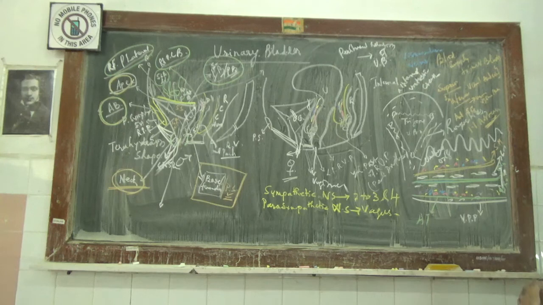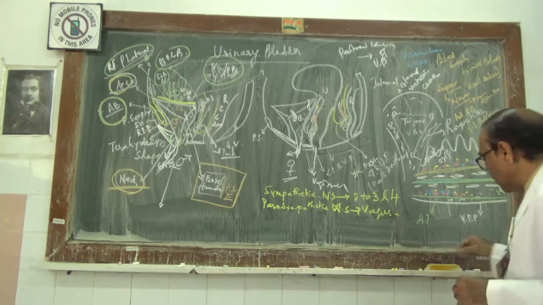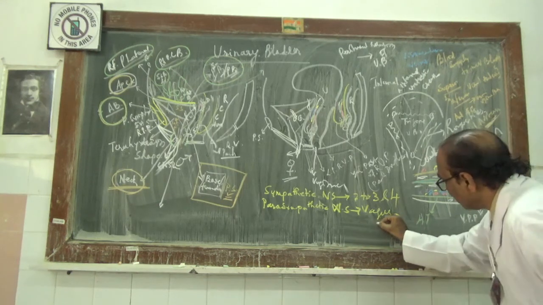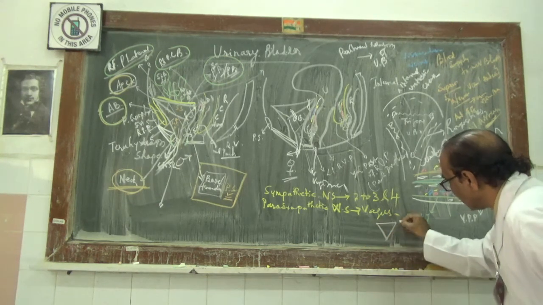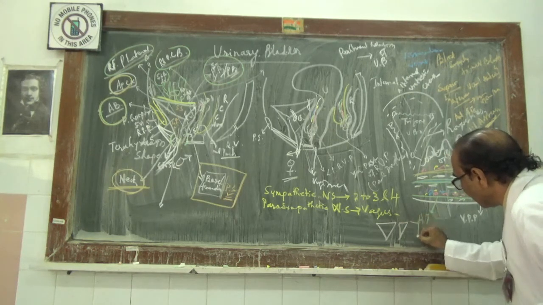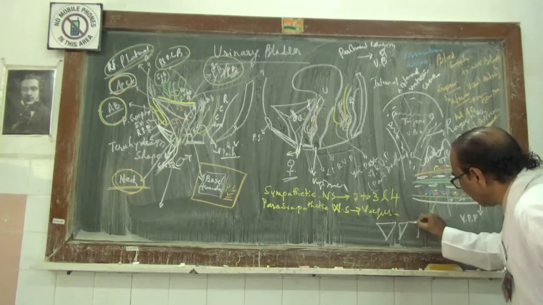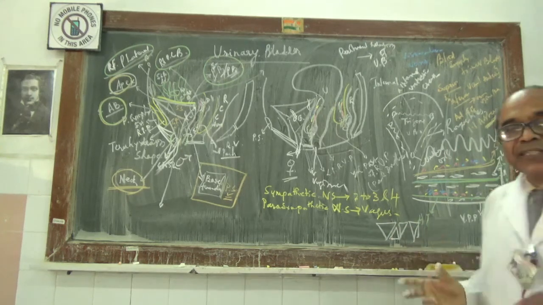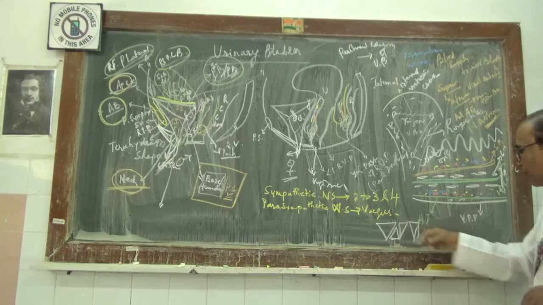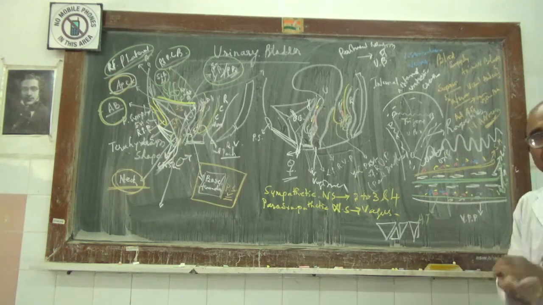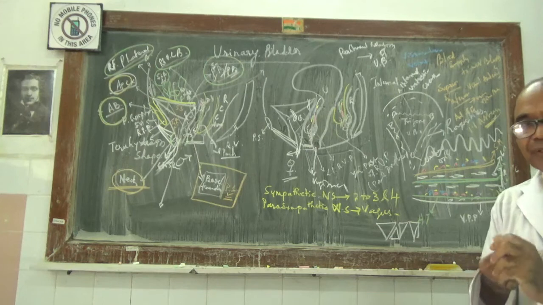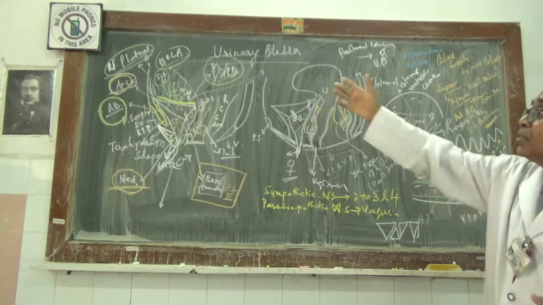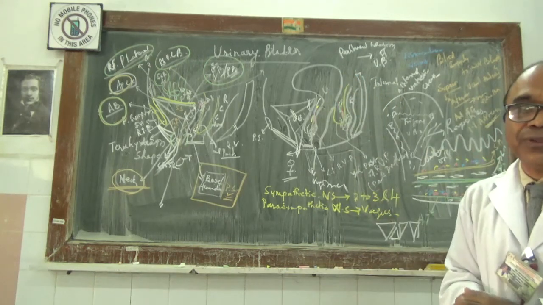But these are lined by transitional type of epithelium, where one inverted triangle fits into another inverted triangle. So with this, the histology of the urinary bladder is over.